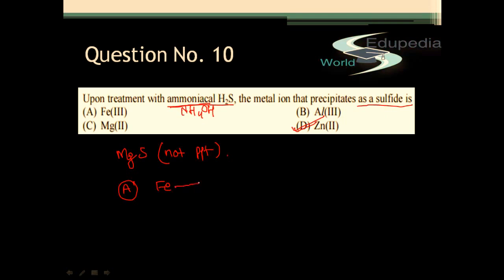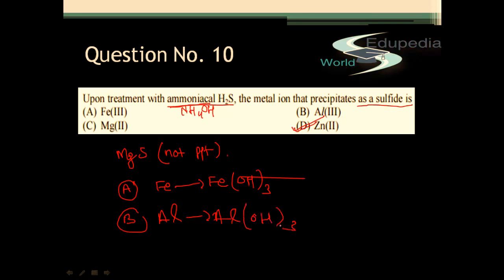So in presence of NH4OH, Fe would be precipitated as Fe(OH)3 and Al, aluminium, would be precipitated as Al(OH)3. So all three of them, A, B and C, will not be precipitated as sulfides, and D will be the correct answer to this question.